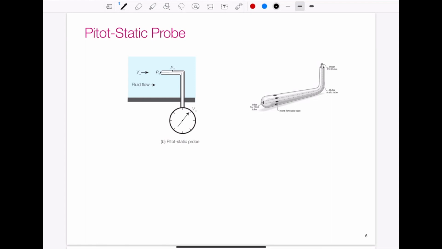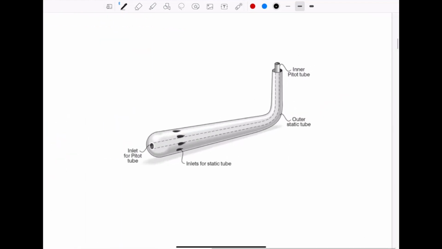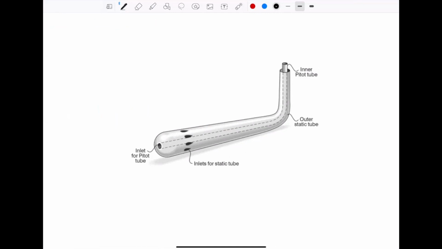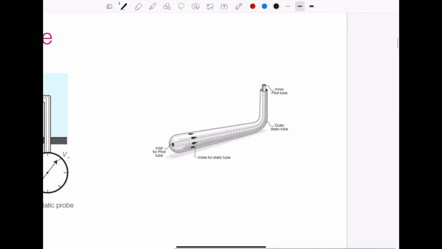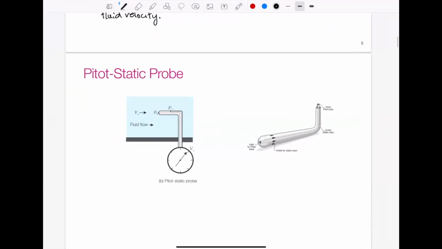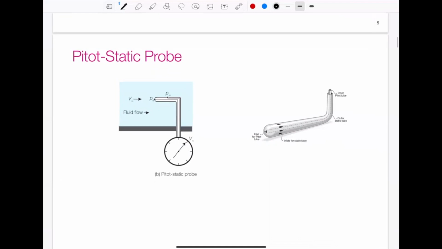If we zoom in on this figure, we have our inlet for our pitot tube, and then there is a separated region within our pitot tube that has inlets along the side, and they measure the static pressure. So we have a pitot tube and a static tube all as one, so it's called a pitot-static tube or a pitot-static probe.